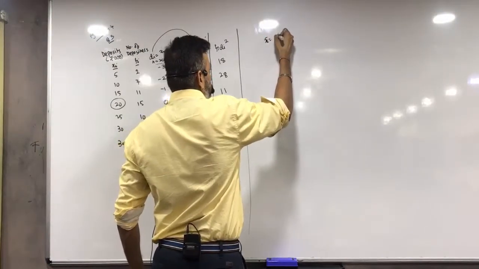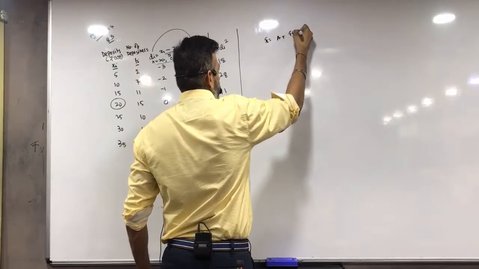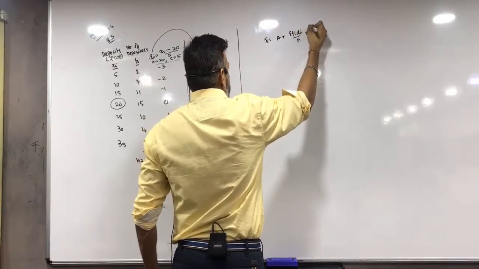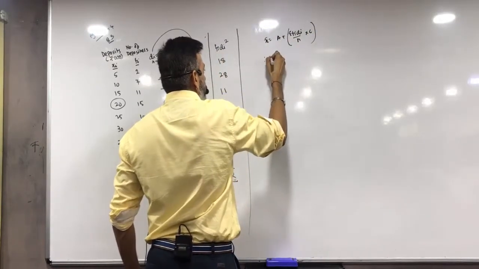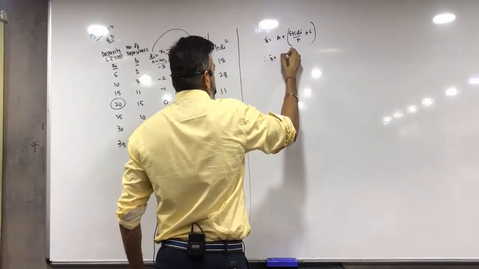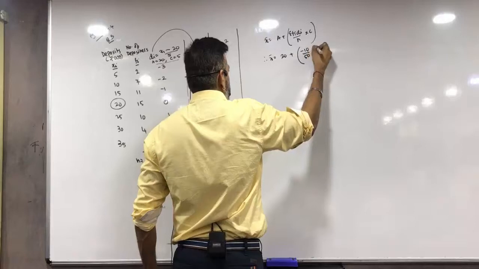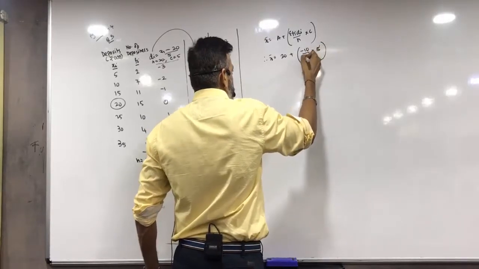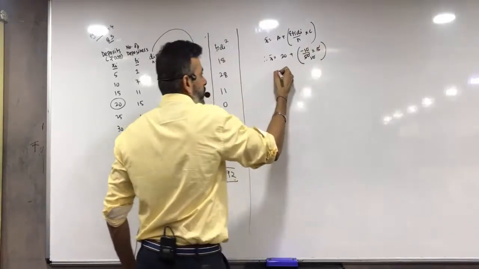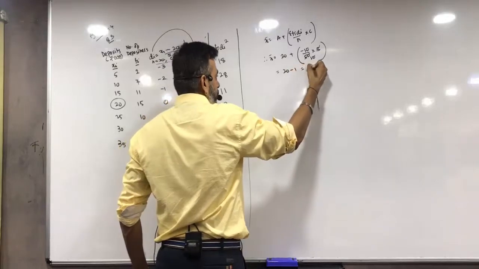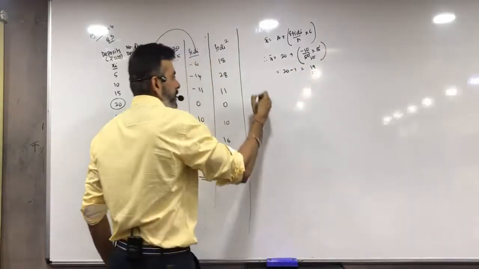X bar is equal to a plus sigma fi di upon n into c. Therefore x bar is equal to 20 plus minus 10 upon 50 into 5. Cancel, minus 1, so 20 minus 1 is equal to 19.